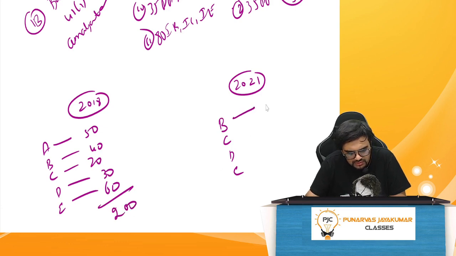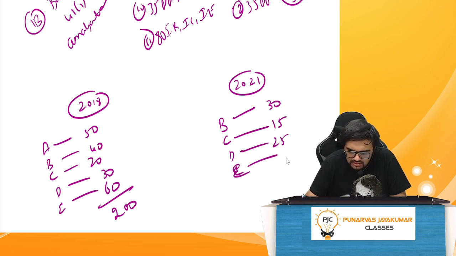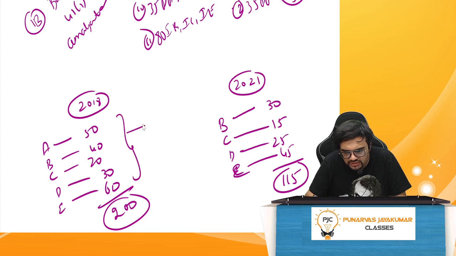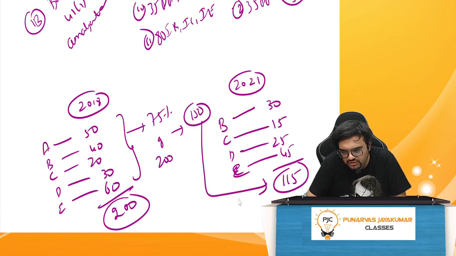Here B 30, C 15, D 25, E 45. Let's say 115 lakhs. So does it mean that 75% of 200 should be there? 150 should be there. 150 is not matching to 115. Wrong. No.